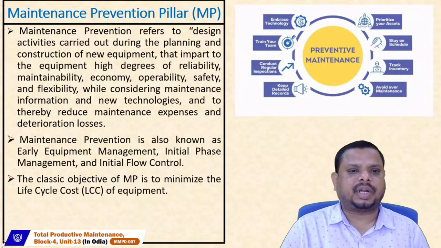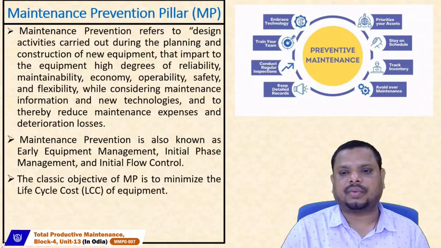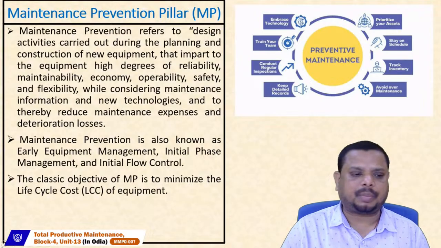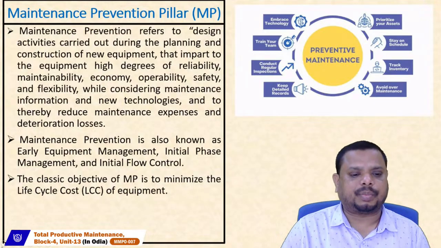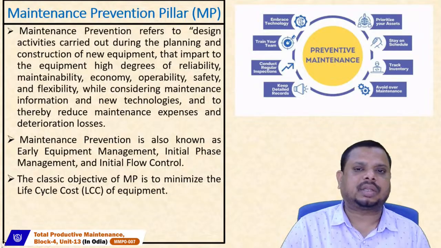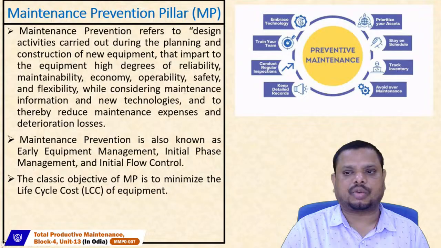The second point is that maintenance prevention is known as early equipment management, initial phase management, or initial flow control. The third point is that the classic objective of maintenance prevention is to minimize the life cycle cost, shortly known as LCC, of equipment.